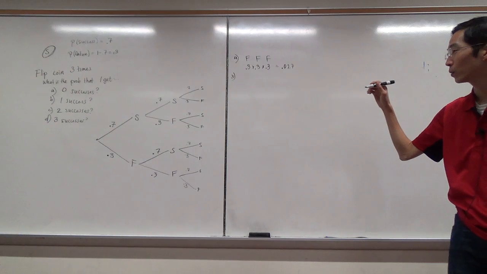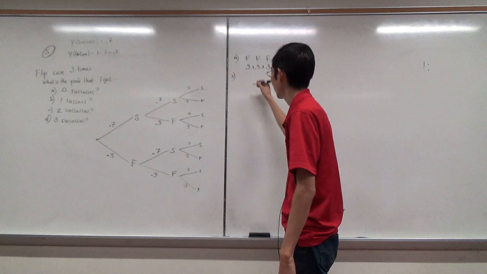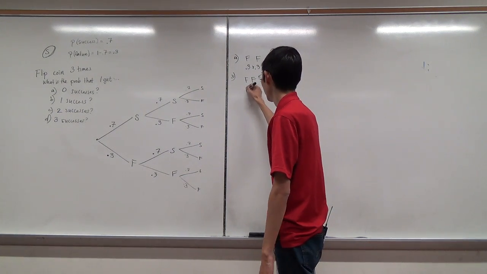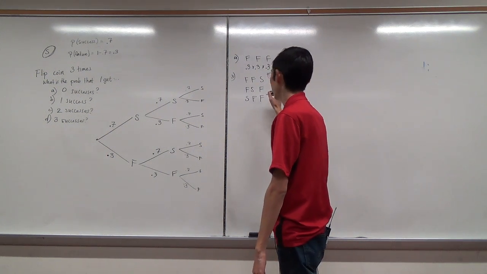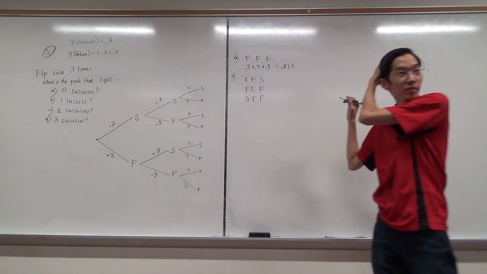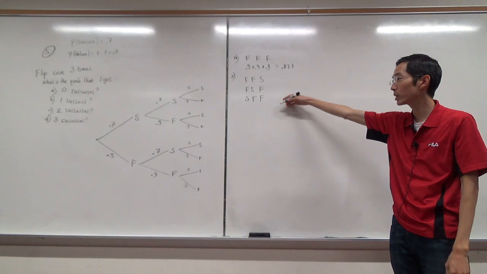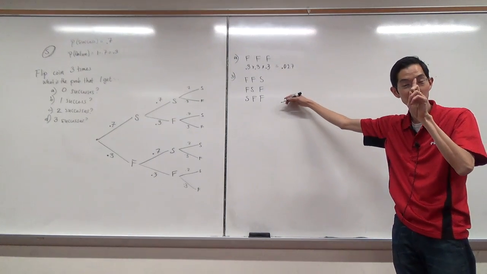Okay, 1 success. That could happen in a few different ways. I could get failure, failure, success, or failure, success, failure, or success, failure, failure. These are the only 3 ways I could flip the coin 3 times and get exactly 1 success.